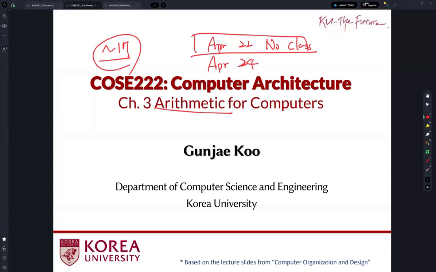The CPU includes an ALU, which is used for computing arithmetic and logic operations. Most instructions are handled by the ALU, so that's why we are learning arithmetic for computers.